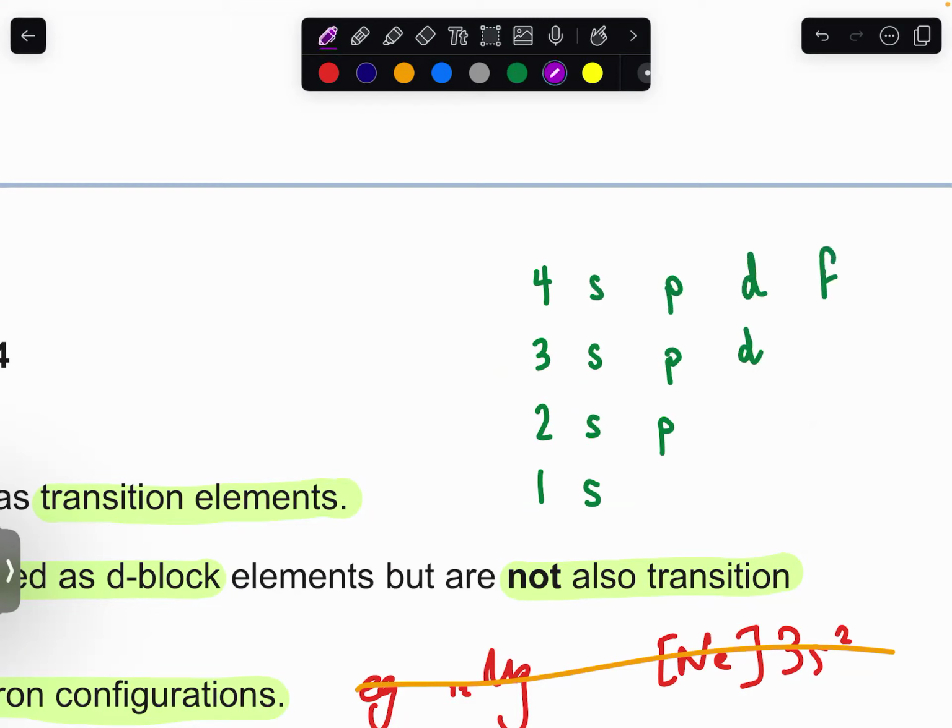And you see the order in filling follows the direction of this arrow: 1s, 2s, 2p, 3s, 3p, 4s, 3d, and then 4p. You're required to write the electron configurations up to and including the element krypton.